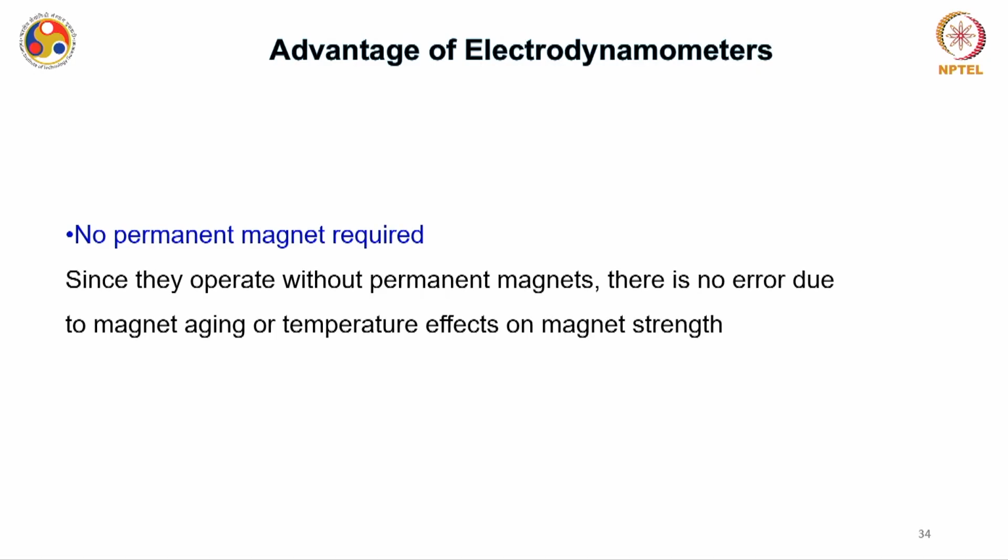Okay. Another advantage of electrodynamometers is that you are not using any permanent magnet. We have seen the disadvantages of PMMC tools, in which we discussed that the permanent magnet used in the PMMC tool itself is the biggest problem, because there are always magnetic ageing effects or temperature effects on this magnet.